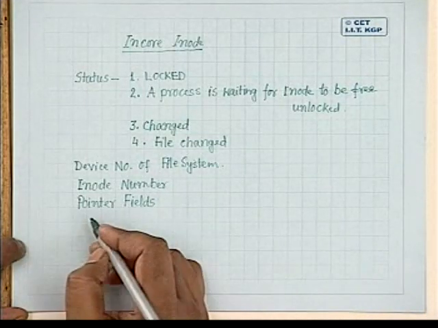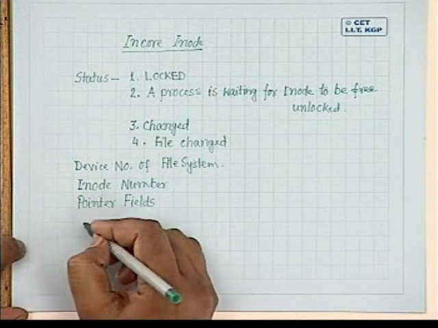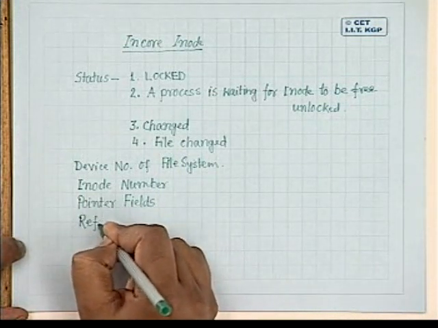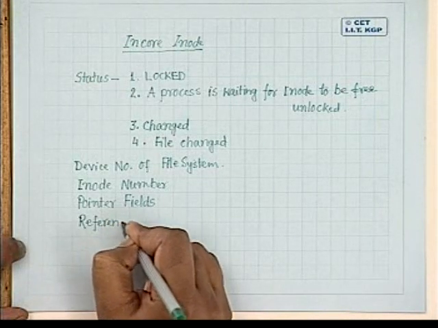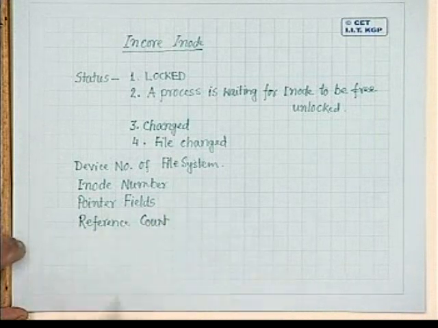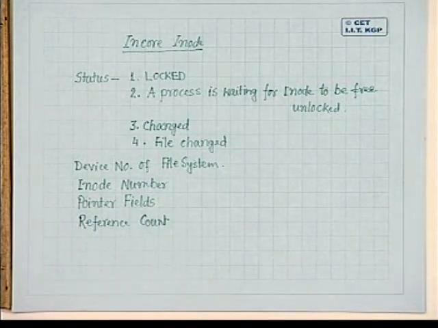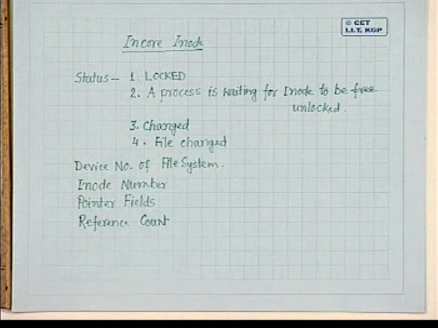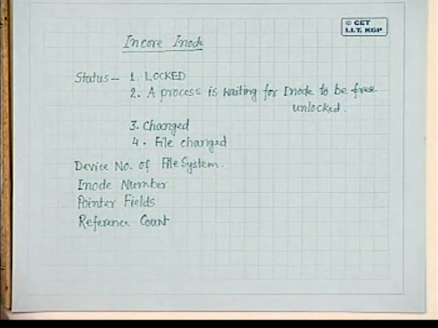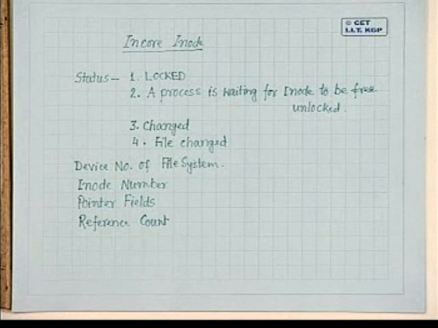We'll also have an additional field which is called a reference count field. The reference count indicates how many instances of the same inode are active simultaneously. So it is like this: suppose a process opens a file for some reading or writing operation.